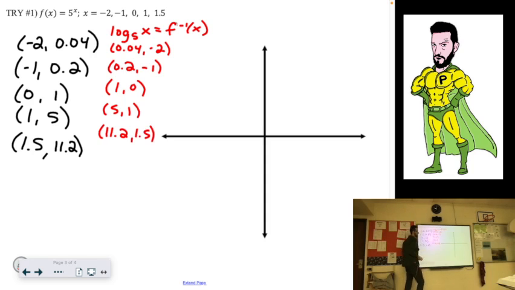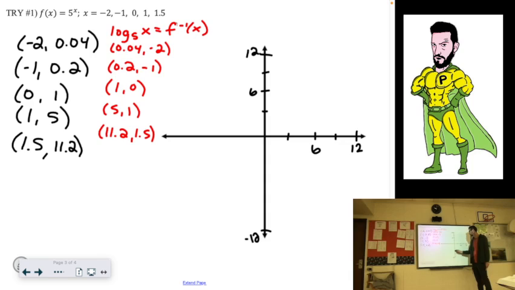I'm just going to bump the axis up to 12, because 12 is kind of easy to split. Half of 12 is 6, and then we can make it 3 and 9, but we don't need to label. So 12, 6, 3, 9, and negative 12, negative 6, negative 3, negative 9.